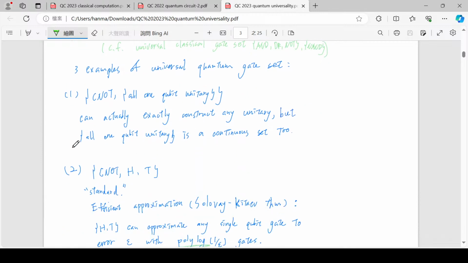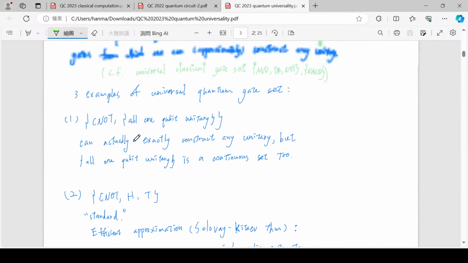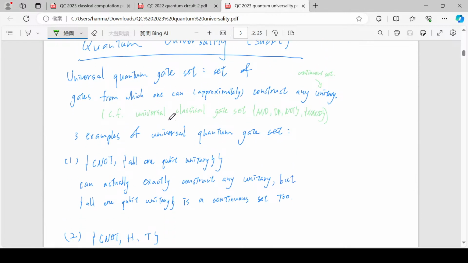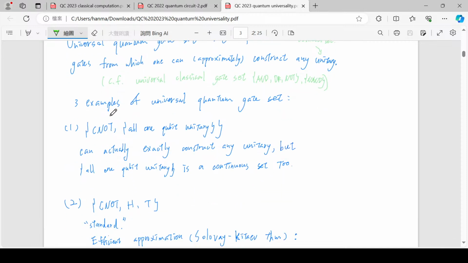And anyway, we have some examples of universal gate sets. The first is CNOT and every 1 qubit unitary. Okay? And this is actually an exact universal set, meaning that you can construct any unitary exactly from here. And we just said that's impossible. Why is it possible? Because any 1 qubit unitary is also a continuous gate set here.